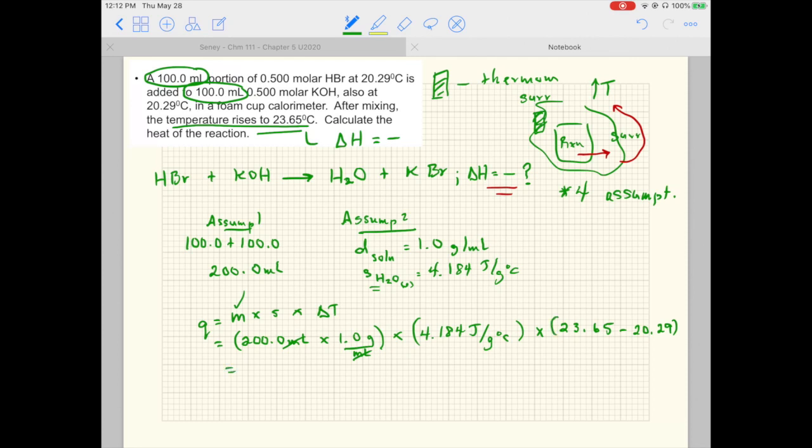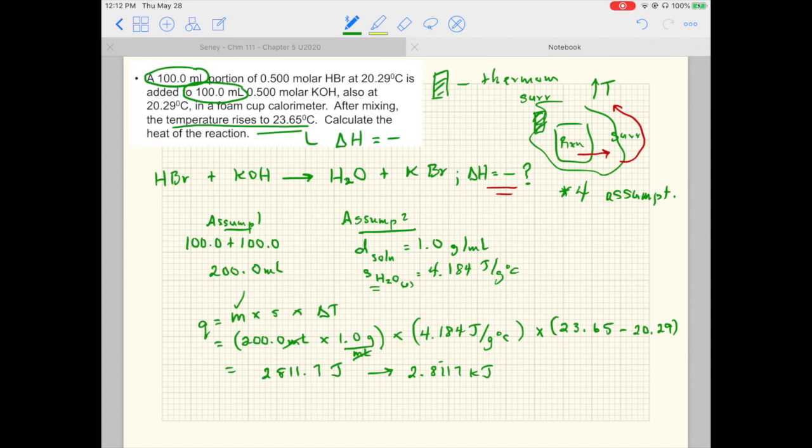So Q for this reaction, once we do that calculation, is going to end up being 2811.7 joules. Because delta H is generally in kilojoules, I'm going to go ahead and convert that. So that'll be 2.8117 kilojoules. All right, now remember, the signs don't work out here.